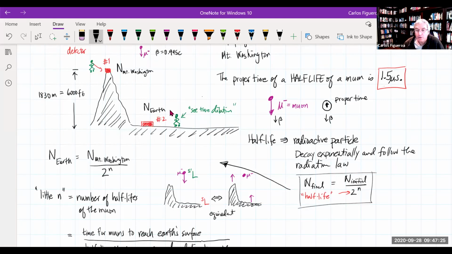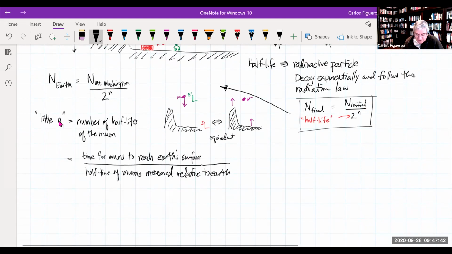It's going to be longer than 1.5 microseconds. So that means the number of half-lives, instead of increasing, is going to decrease because of the time dilation. So physically, we expect this little n, the number of half-lives, to actually decrease for an observer on the Earth.